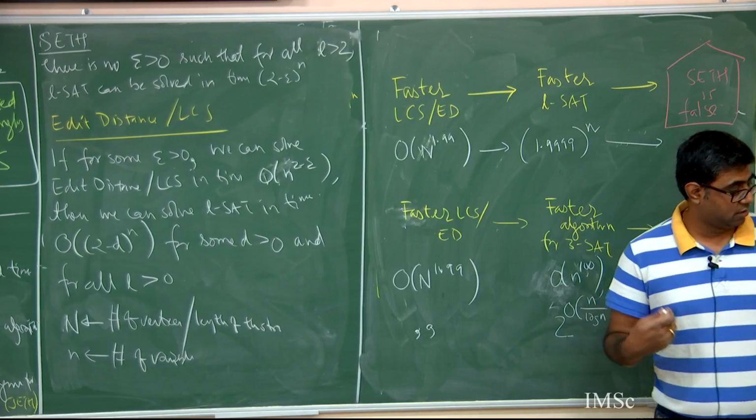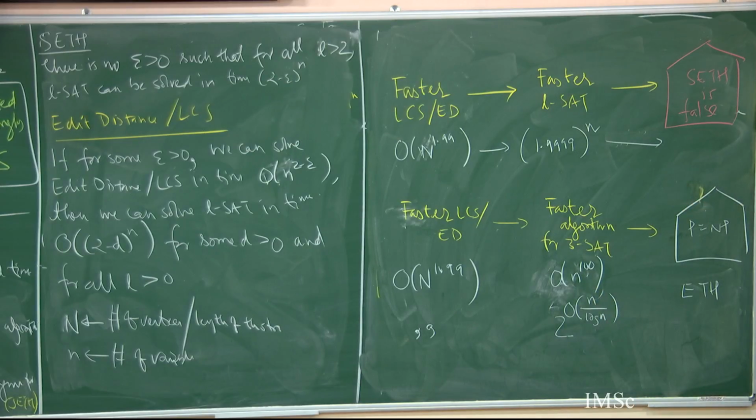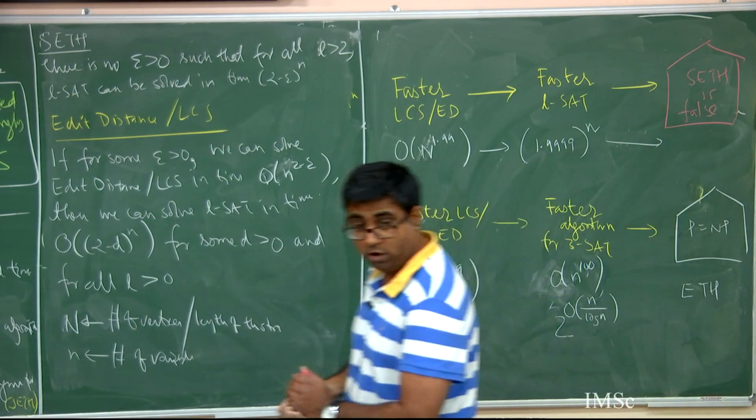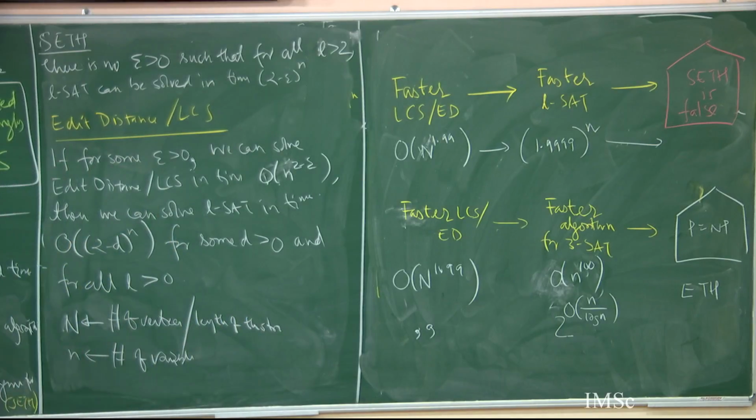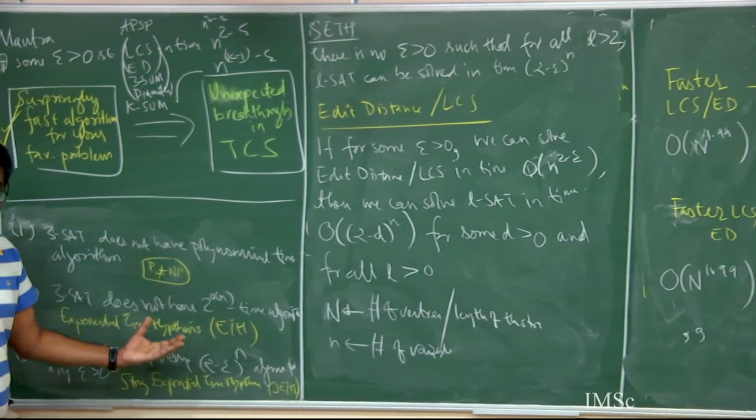So now I would like to understand what it means to have such things. These are the kinds of statements we would like to prove. Those are our assumptions. For now we will stick to these 3 assumptions. 3 SAT cannot be done in polynomial time, that's P not equal to NP. 3 SAT cannot be done in 2 to the power little o of n time, that is your ETH.